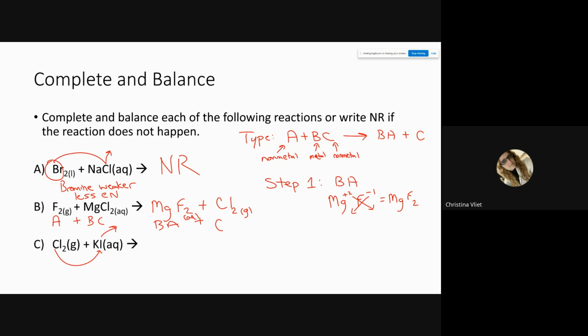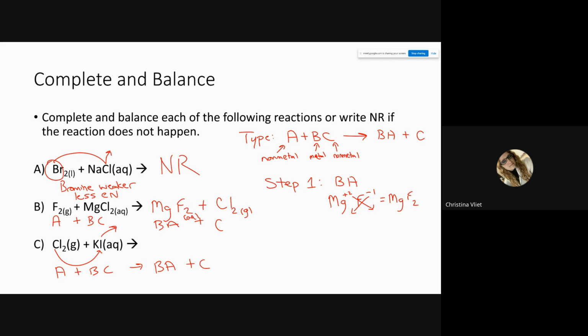And so, using our strategy, A plus BC, we're putting together, I'm going to put it together as BA. We usually write it AB, just to put the letters in order, but it's actually BA, because it's metal, then it's non-metal always.